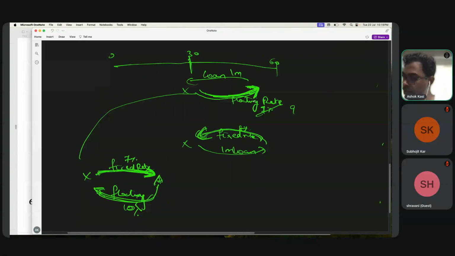So they have to pay only 7 percentage, and they are receiving 10, and that 10 will be forwarded over here, and from here you are getting the loan, and here you are paying 7 percentage. Okay, it makes sense.